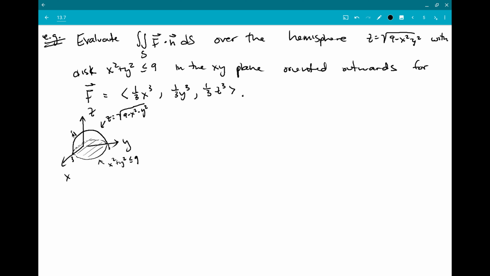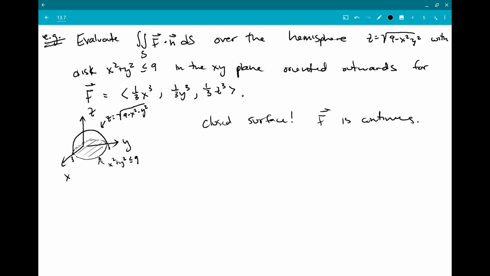And it's oriented outwards. So the problem is to evaluate a surface integral across this surface that's really made up of two separate parts, this hemisphere on top and this disk on bottom. But since we are thinking about those two different parts, this is a closed surface. And F is not weird in any way, it's continuous.